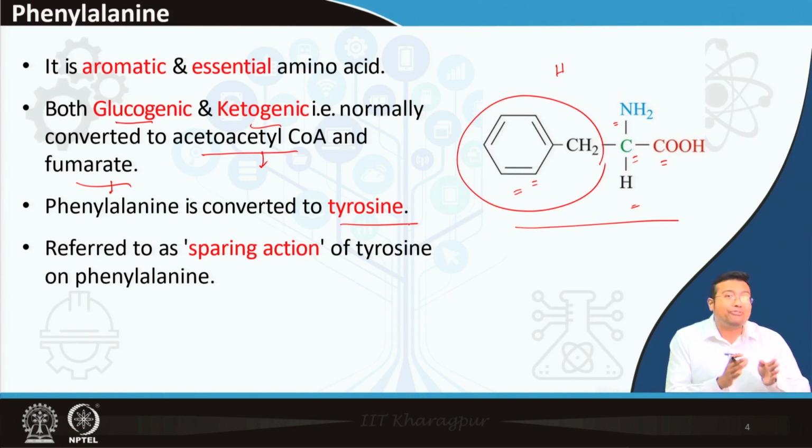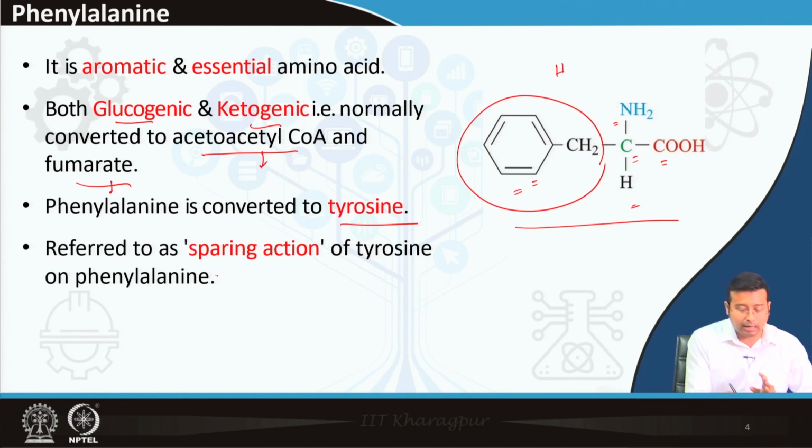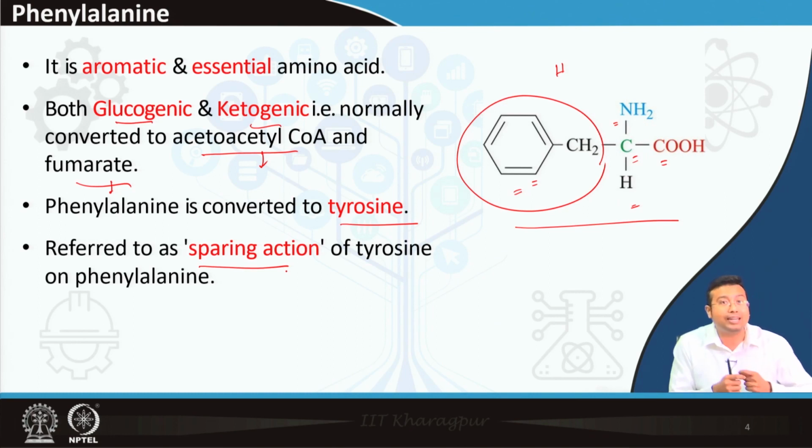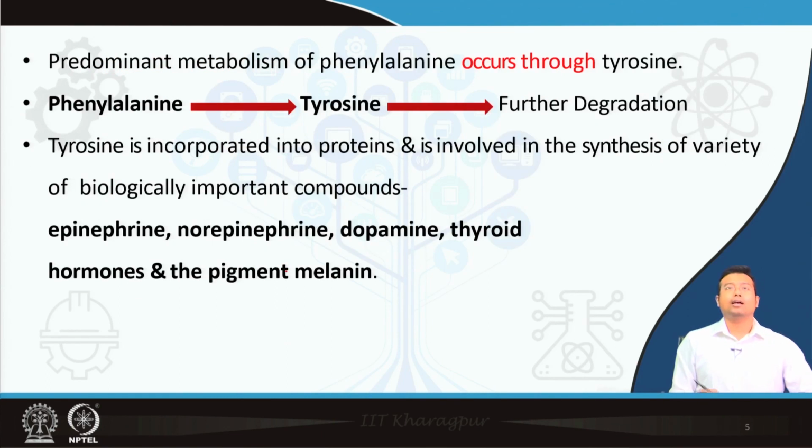The amount of phenylalanine required in the diet will be reduced if there is an adequate amount of tyrosine in the diet. This is known as the sparing action of tyrosine on phenylalanine. It means if we have adequate tyrosine in the diet, the amount of phenylalanine required is less, and this is very important. Alright. So, as I told you, predominant metabolism of phenylalanine occurs through tyrosine.